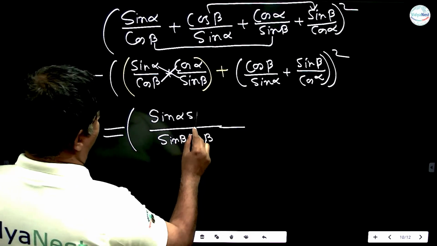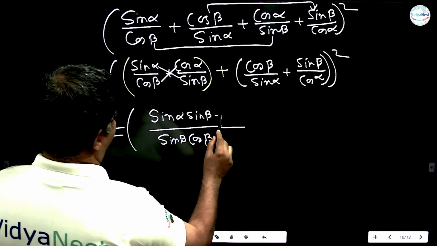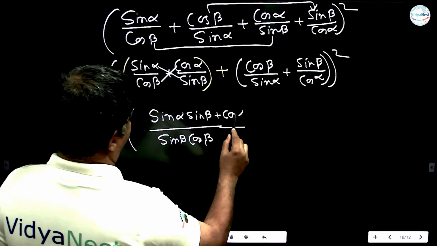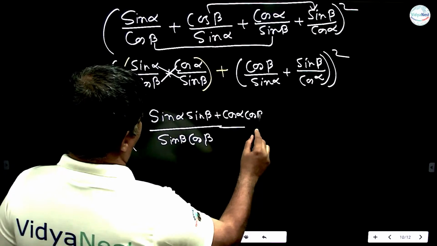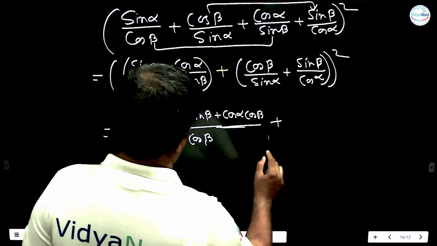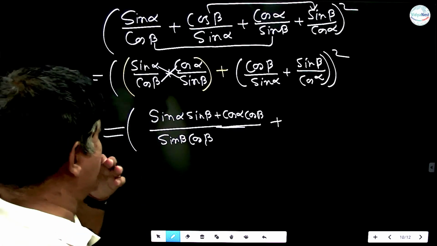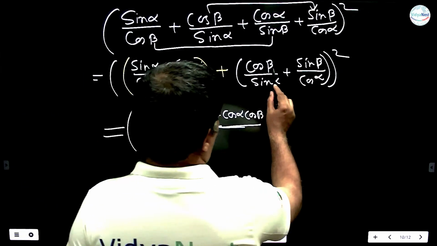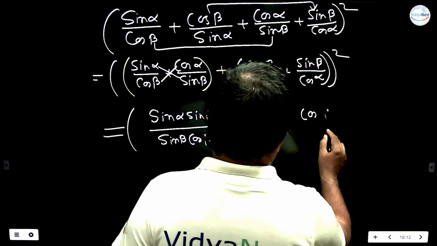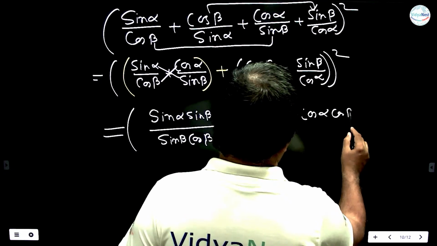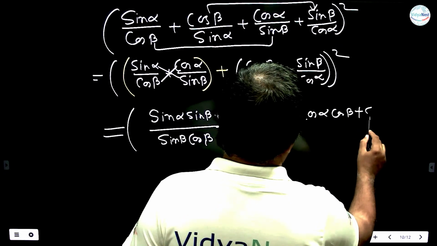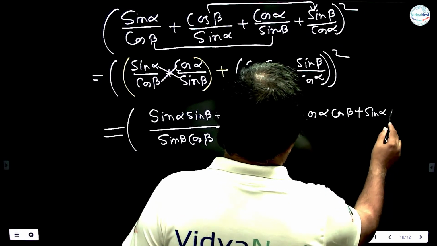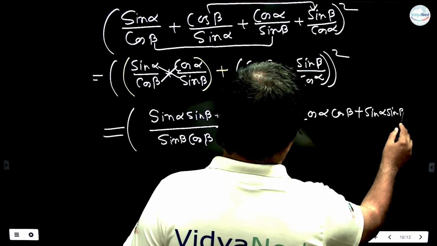Sin alpha, sin beta plus cos alpha, cos beta plus here also you see cos alpha, cos beta plus sin alpha, sin beta.